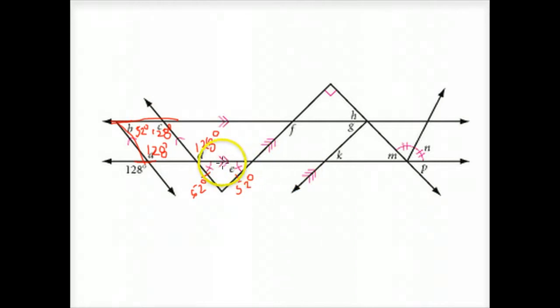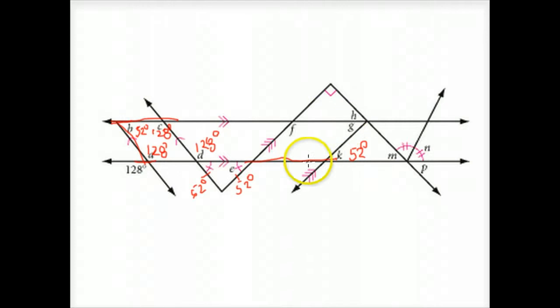Okay, so now let's use these two parallel lines and think in terms of the transversal here. So this angle here and this angle here are alternate exterior angles. So K is going to be equal to 52 degrees.